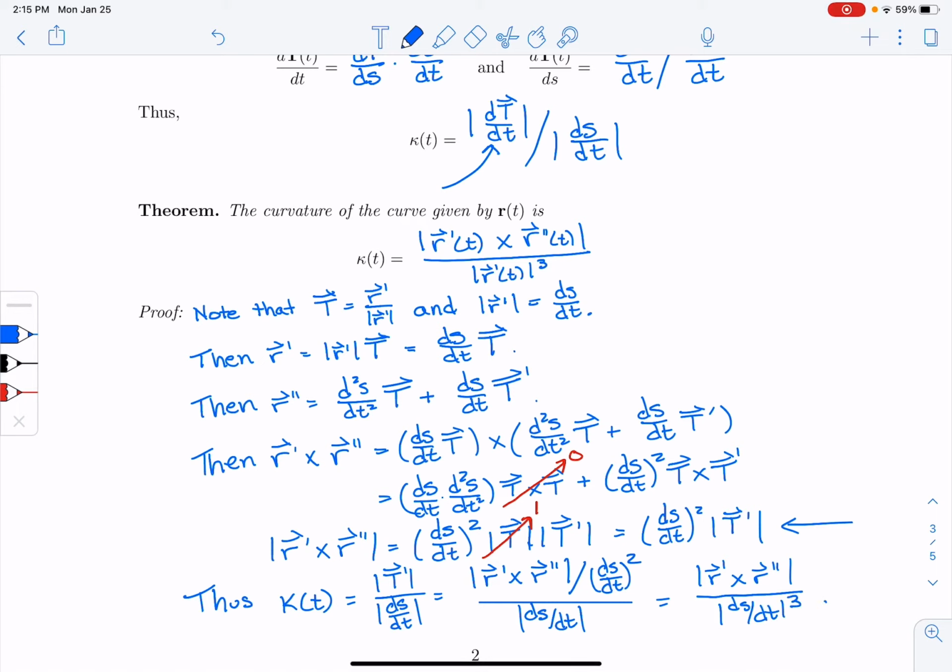And the magnitude of ds/dt cubed, that is the same thing as the magnitude of r prime of t cubed, as we saw here. And so now I have justified this formula for curvature. And so this is a more practical formula for curvature that we can use.